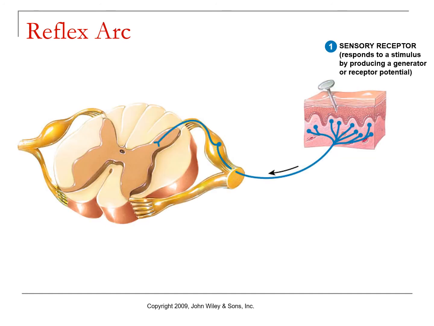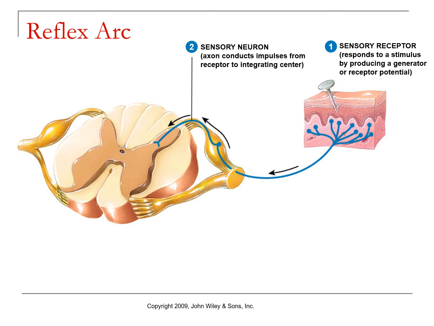So as this diagram shows you, reflex arcs begin with sensory receptors in the periphery that generate a receptor potential that travels along a sensory neuron, depending on the type of sensation. It could be somatic or autonomic sensory, that will enter the spinal cord. Remember that the cell bodies of all sensory neurons are located in ganglia in the peripheral nervous system.